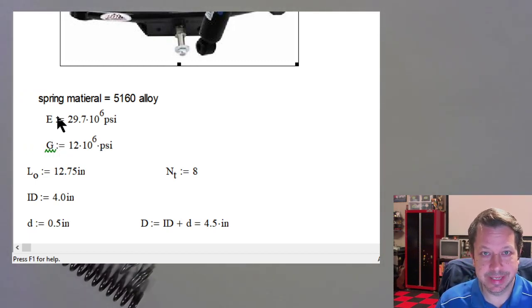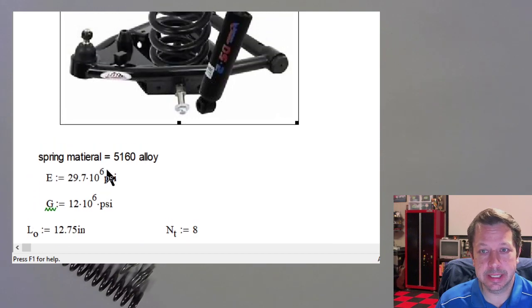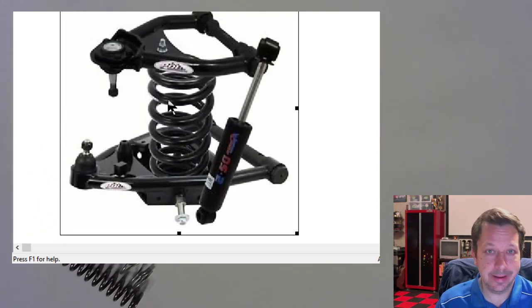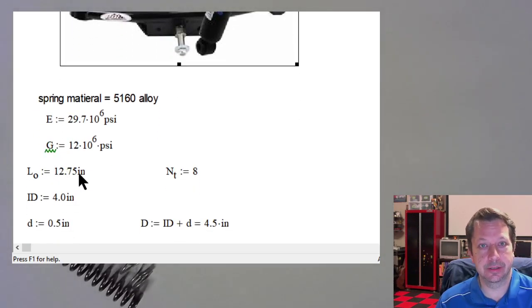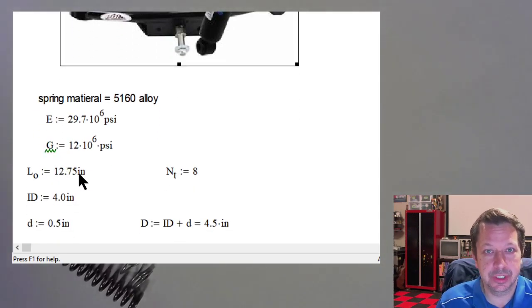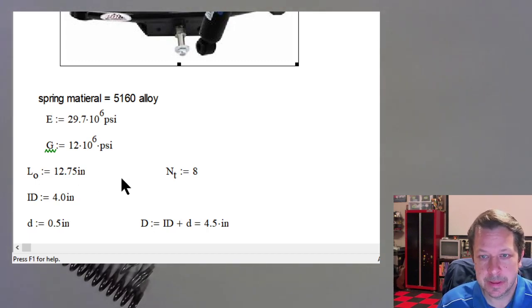And we need some modulus of elasticity also. This value here, L0, that's the free length. So that's if this coil was not installed, it's going to be longer by some amount. When it's just sitting out in the open, that's the free length. For this one, it was 12 3/4 inches tall if you just left it sitting on the ground somewhere.